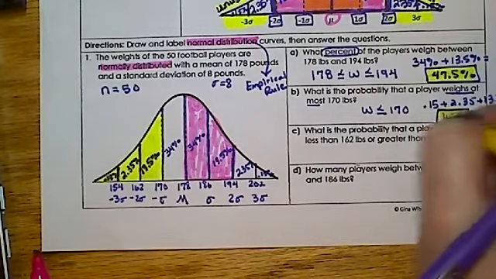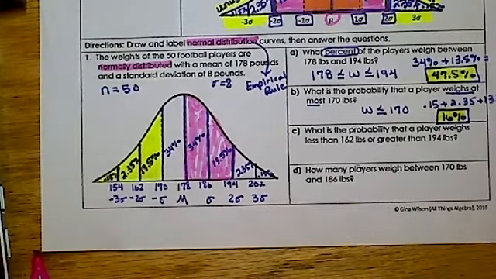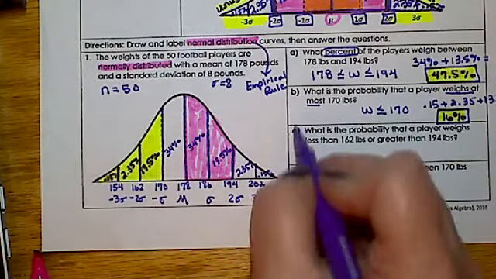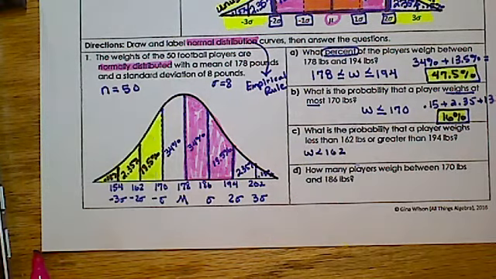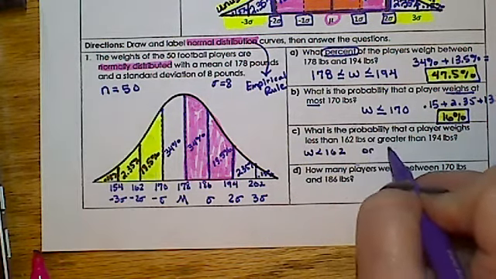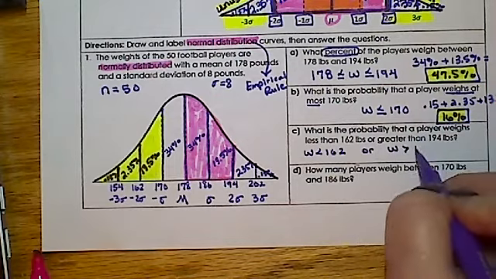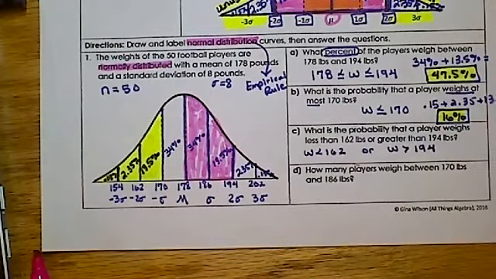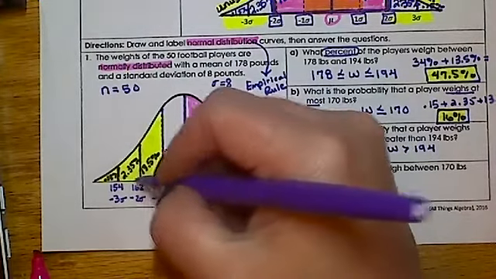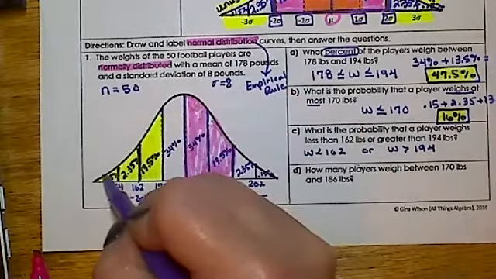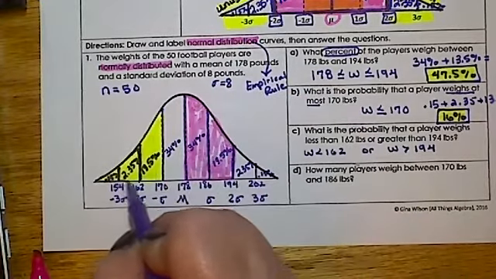Now for letter C, what is the probability that a player weighs less than 162 pounds or they weigh more than 194 pounds? So we're going to have to find 162, and we're going to look to the left of that because we're looking for less.